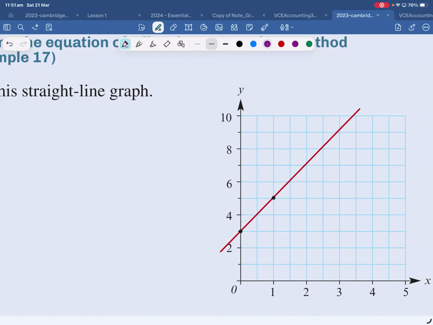What's the answer? y equals 3 plus 4x. What is it? 4x. Are you sure it's 4x?